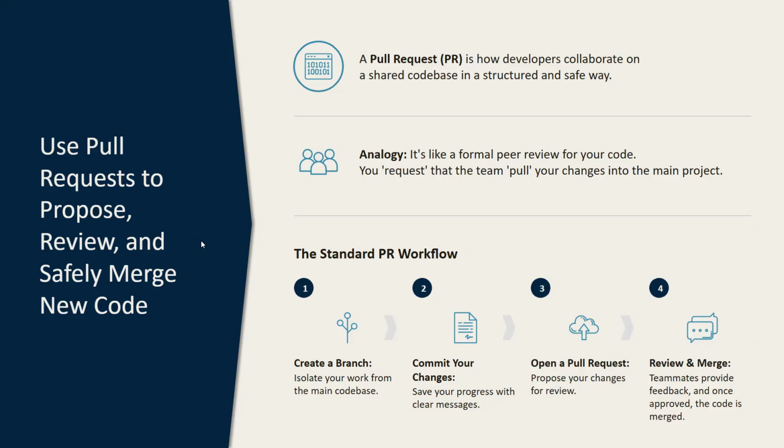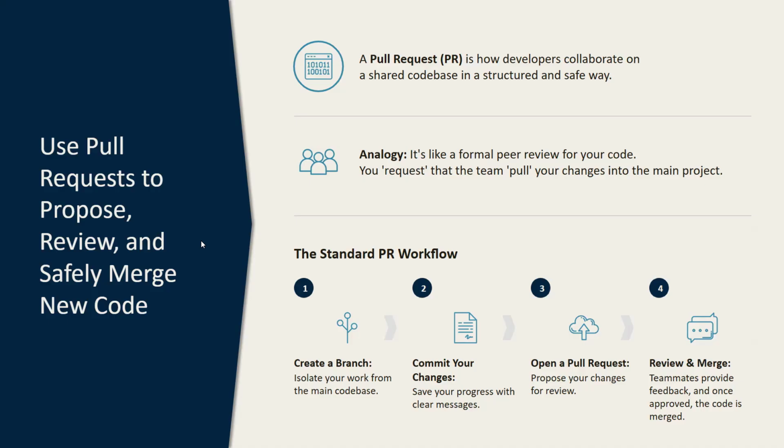So step one for a PR workflow would be to create a branch. This means you are completely isolating your work from the main code base so you can make changes safely. Once you make those changes, you can commit them. This is where you would save your progress with clear and meaningful commit messages. Once you have made the commits, the next step would be to open a pull request.